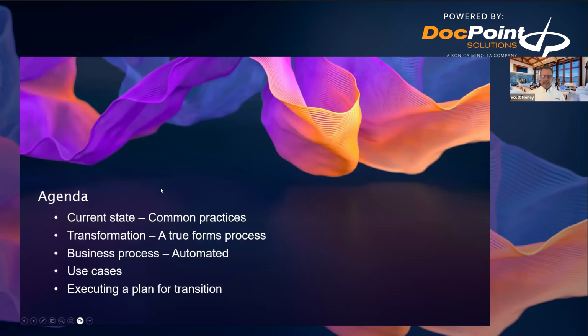So our agenda, we have 5 items today. Current state, we're going to talk about common practices and challenges within the businesses. Both Ray and Doug are going to share some of those with us. Transformation, what does a transformation look like? If we're going to take a form that's maybe on a network, import it through a tool and make it like an electronic version of that form to capture that content, what does that process look like?